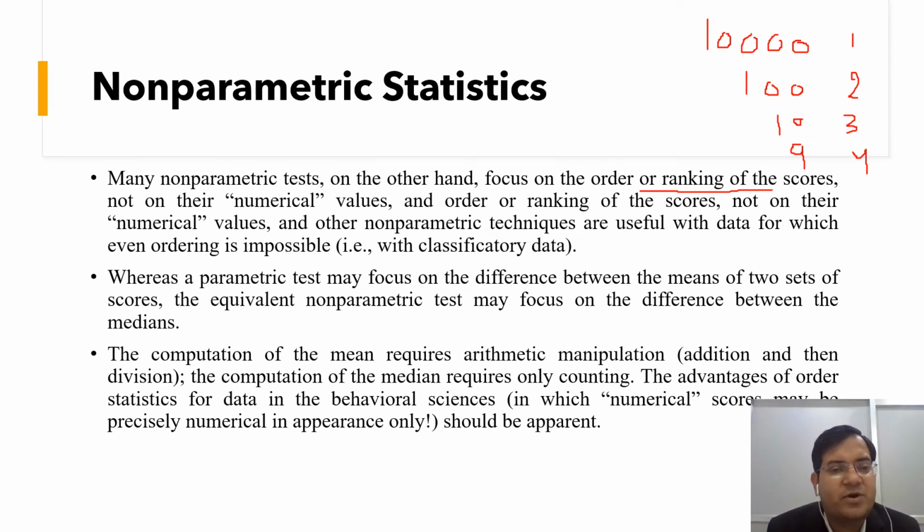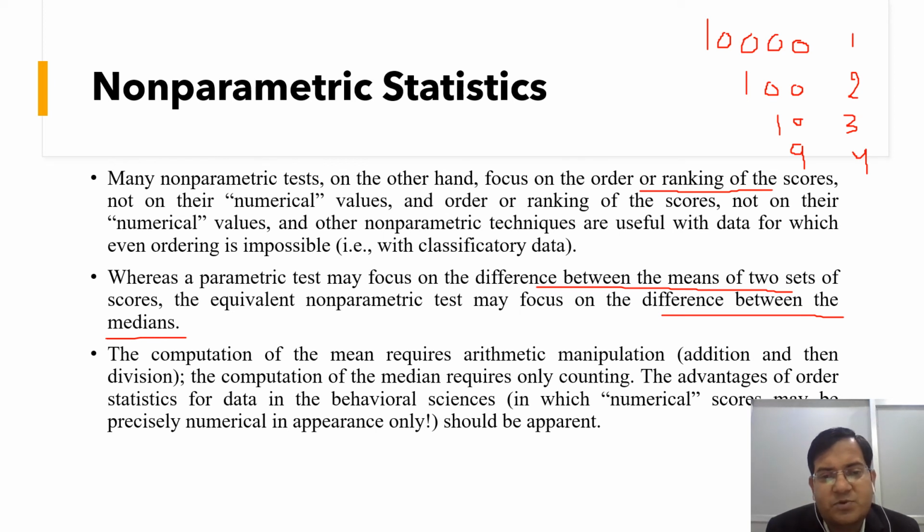Another point is that parametric tests may focus on differences between the means of two sets, so obviously we have to follow the mean and standard deviation, and after that we use parametric statistics. But in the case of non-parametric statistics, we do not calculate the mean; we just follow the median. We calculate non-parametric statistics on the basis of the median value.